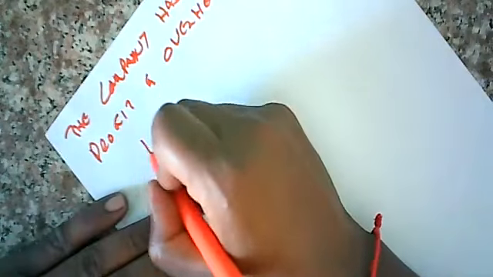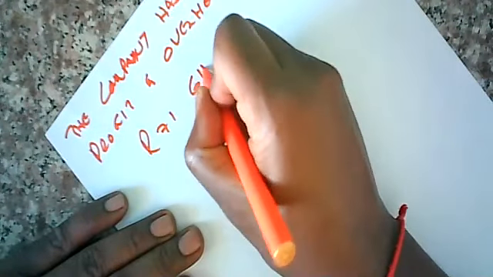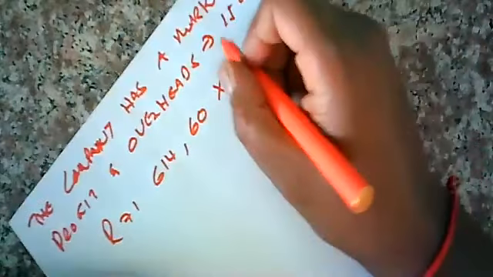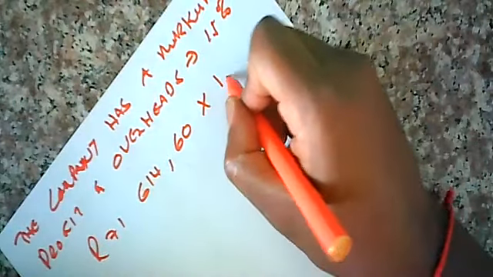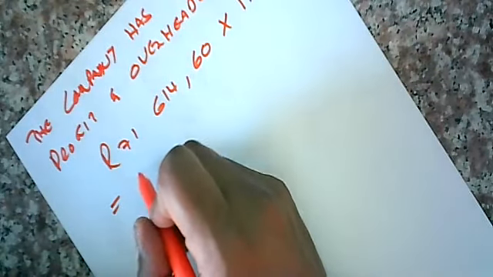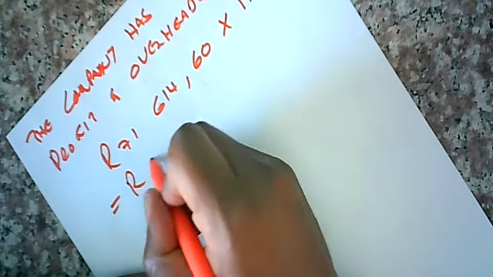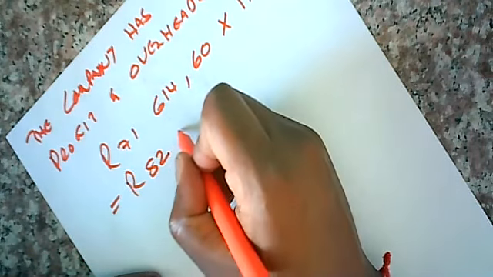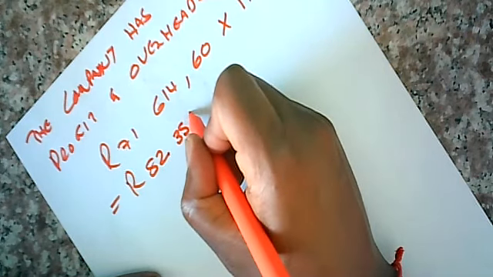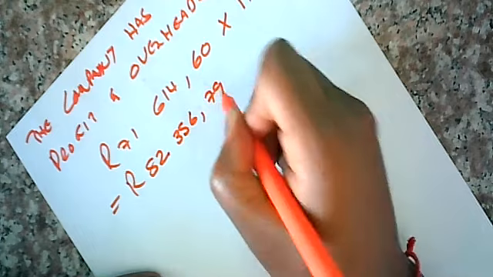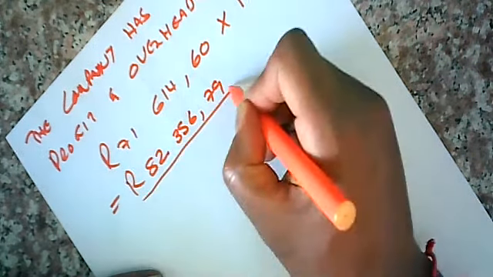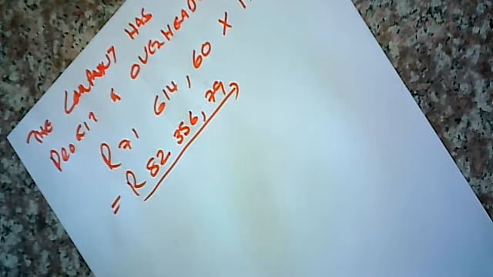So we're going to take our cost, which is 71,614.60, and we're going to multiply it by our markup, and that's going to give us a cost of 82,356.79 Rand. All right, so that's the total price of this job, including your profits.